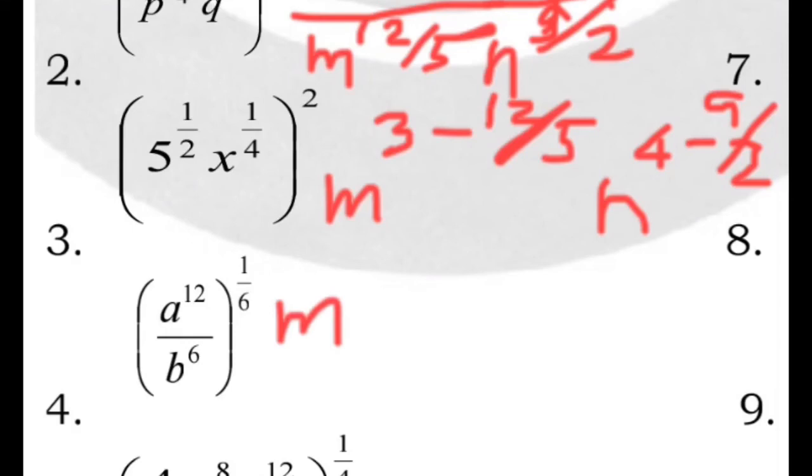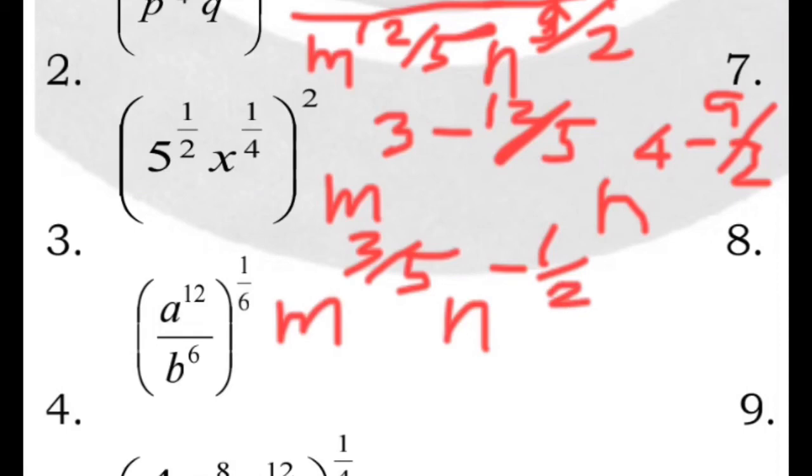We can express 3 with denominator 5, so that will be 15 over 5. Okay. So 15 over 5 minus 12 over 5 will be 3 over 5. So m to the power of 3 over 5 times n. Then 4, we can express 4 with denominator 2. So that will be 8 divided by 2. So we're going to have 8 over 2 minus 9 over 2. And the answer will be n to the power of negative 1 half.